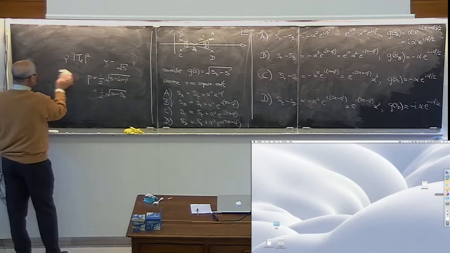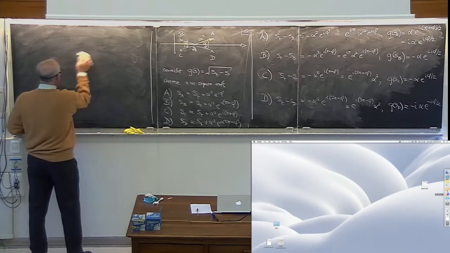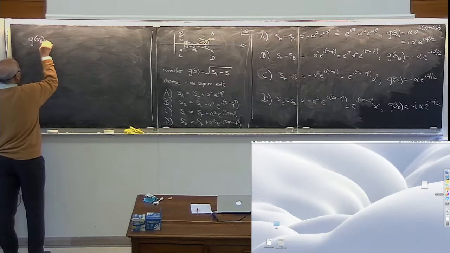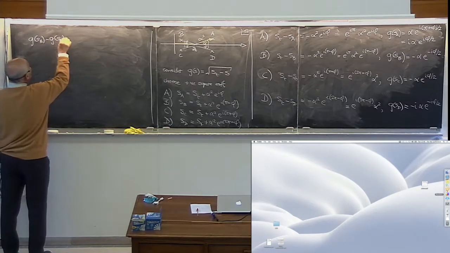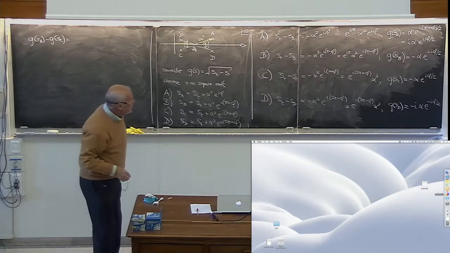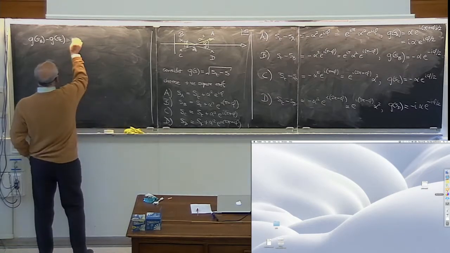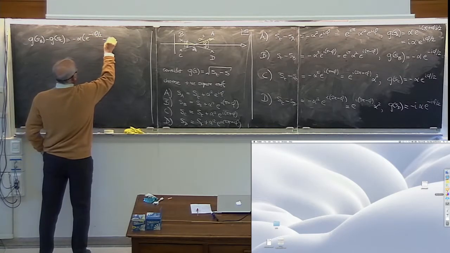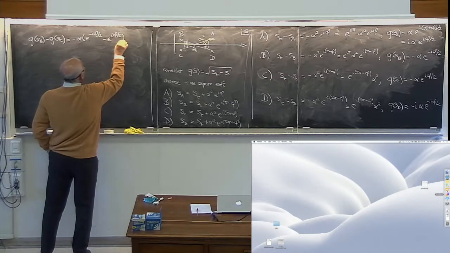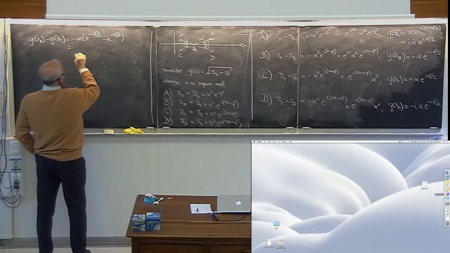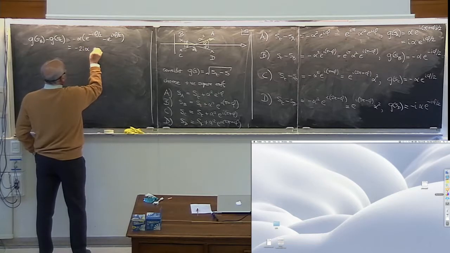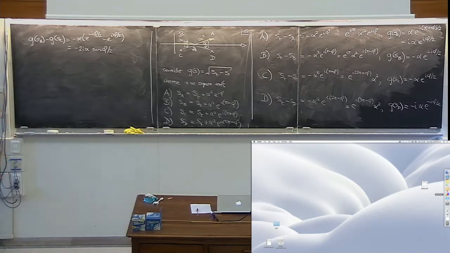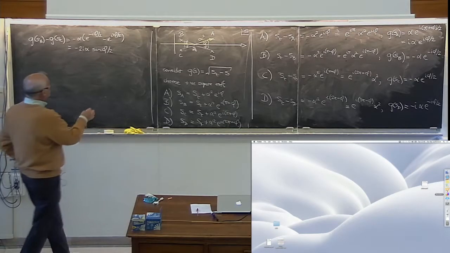So whichever way round, G at SB minus G at SC, let's just write down what the answer is. It's minus alpha e to the minus I phi over 2 minus e to the I phi over 2. And that's equal to minus 2i alpha sine phi over 2, if I've done that right. And what you see is it goes to 0 when phi goes to 0.